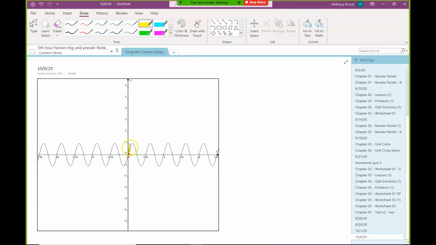So the graph goes up, goes back to the x-axis again, and then it would do another up and down section. So like that part of the graph is one cycle. Okay with that?